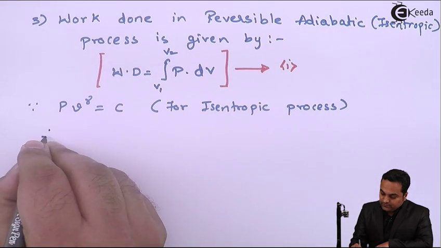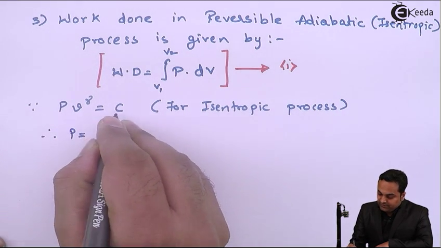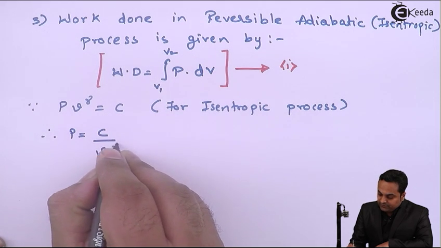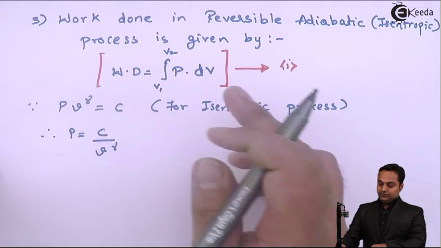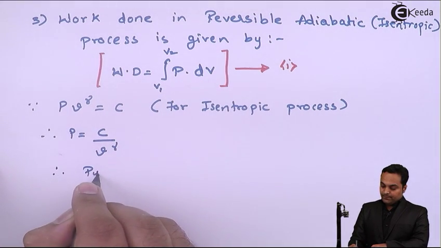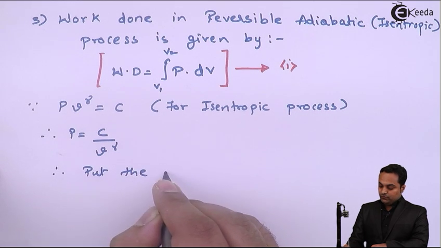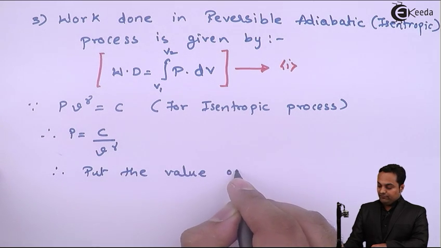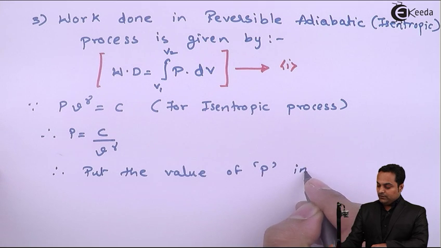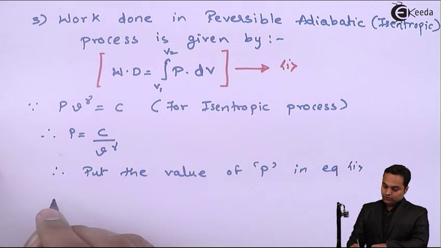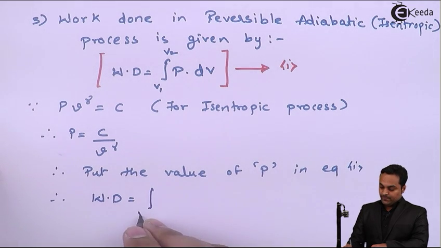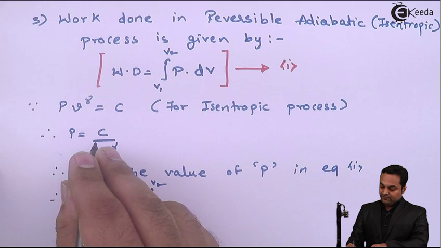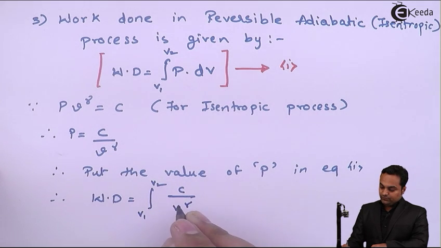So therefore pressure P will be equal to C upon V raised to gamma. Next I will be putting this value of P in equation small 1. So therefore we have work done is equal to integration of P, which is C upon V raised to gamma, with respect to dV.